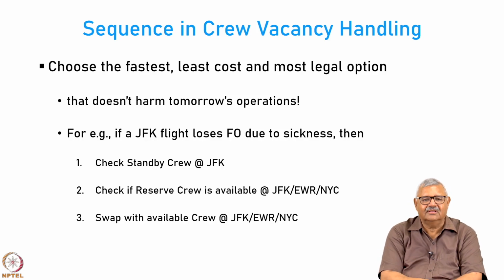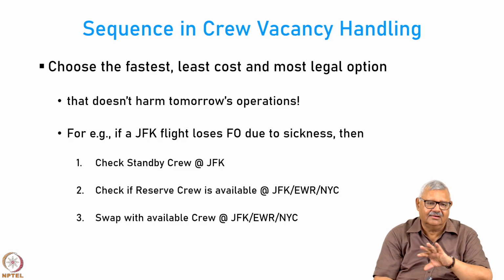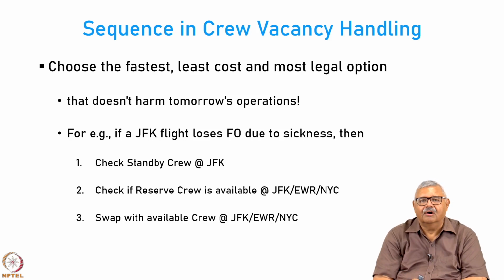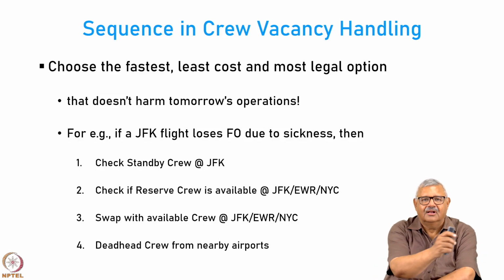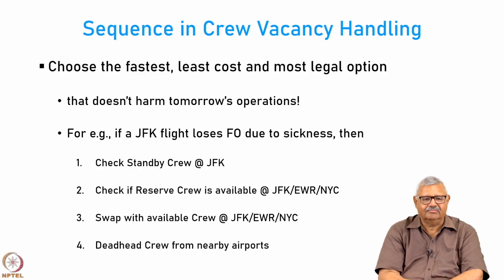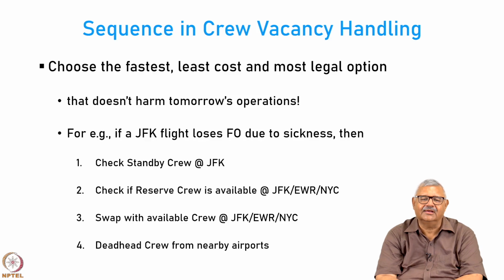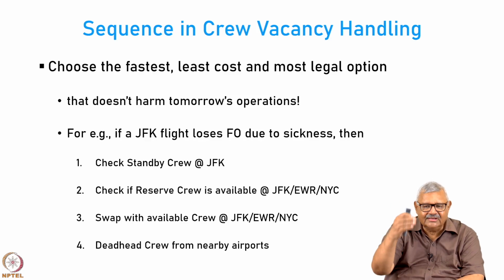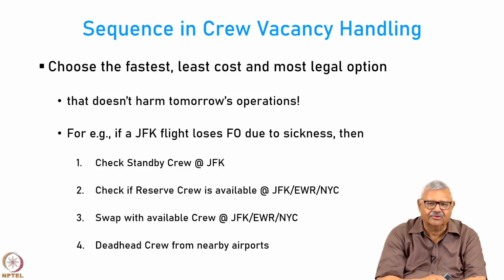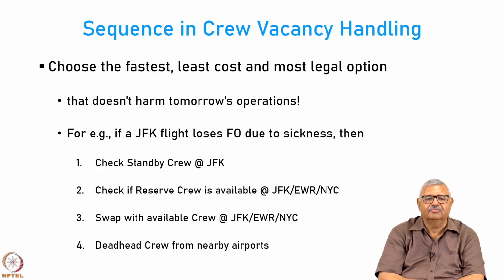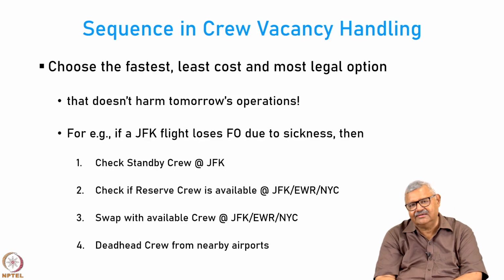If not possible, then we look for a swap. Is there some other crew member available who can exchange their duty or take care of this? If not, then you have no option but to deadhead a crew member from any nearby airport. So, we go normally in this sequence. The first choice is standby crew, if not reserve crew, if not swapping, if not then deadheading.